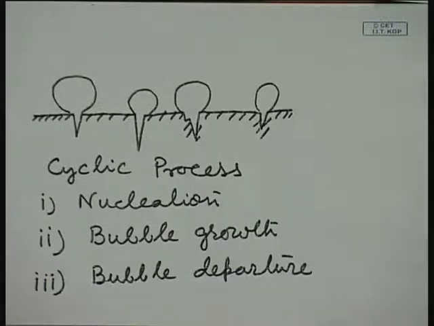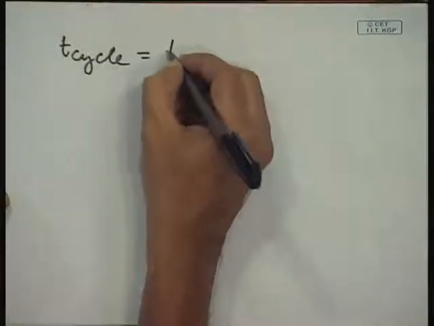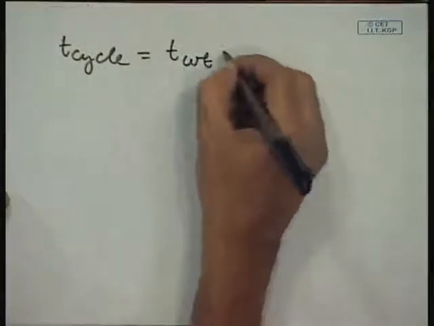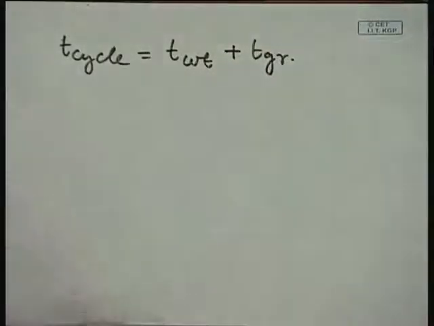And the time involved can be divided into two parts. If we denote the time as T cycle, then it is T waiting plus T growth. There is a waiting time, which we can call the preparation time for the nucleation or formation of a bubble.